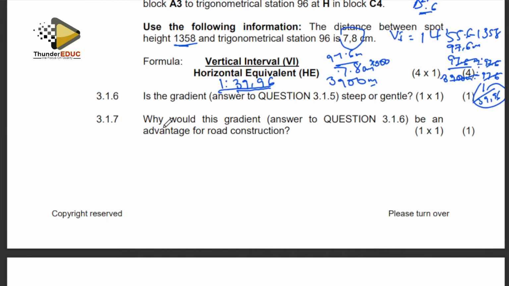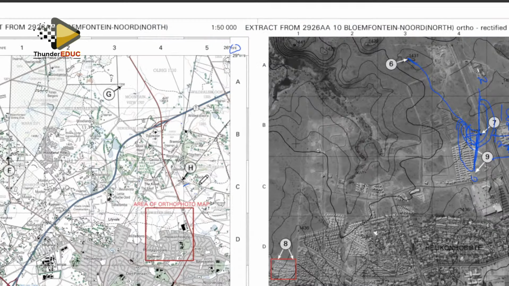Okay. Now, in the gradient in that question above, is it steep or gentle? Remember, my learners, I told you, you can look at the answer given or you can look at the map. When you check the map here, between this and this, are the contour lines close to each other? No. But if the contour lines are close to each other, what do you say? It is steep. If the contour lines are far away from each other, what do we say? It is gentle.